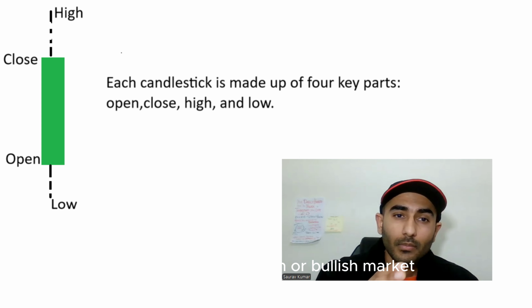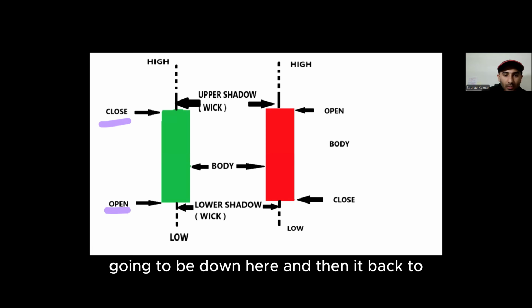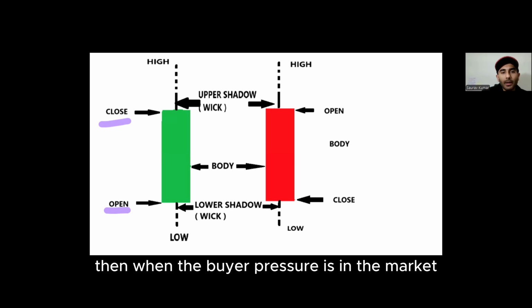When the sellers, represented by the red candle, try to push the price down, we can see the shadows representing the price going down. Then, when buyer pressure comes into the market, it goes back up and closes near here.